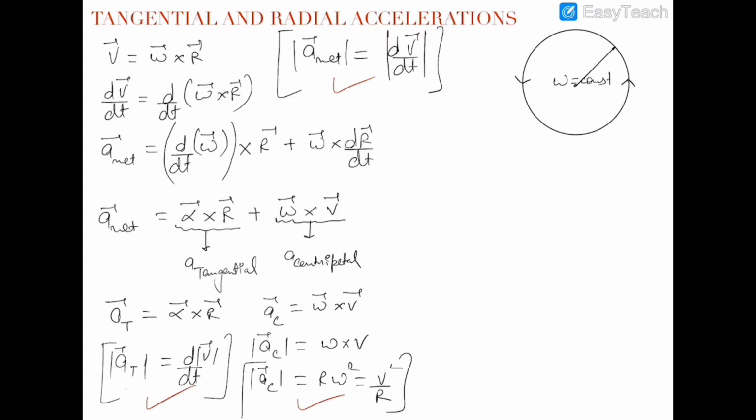At some time the particle is at this point, some other time it would be at this point, some other time at this point. So the direction of velocity is continuously changing in this motion. Initially velocity was like that, then like that, then like that, then like that.